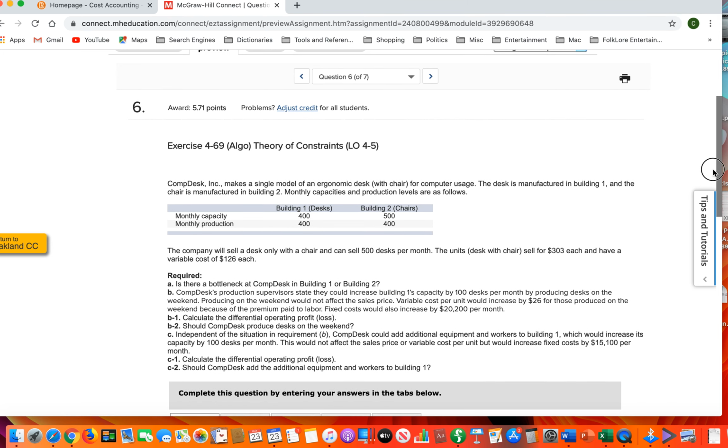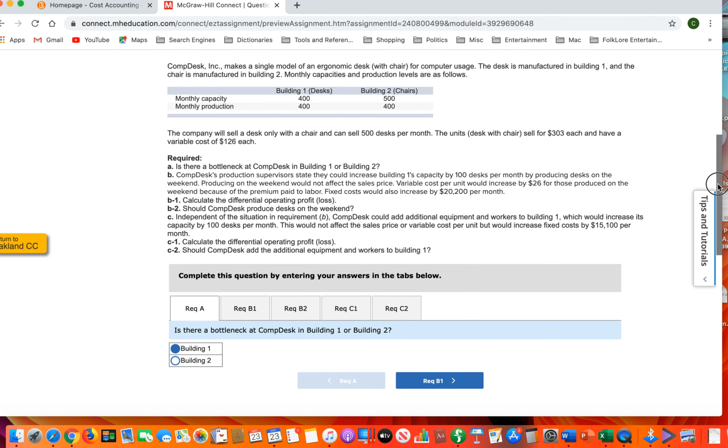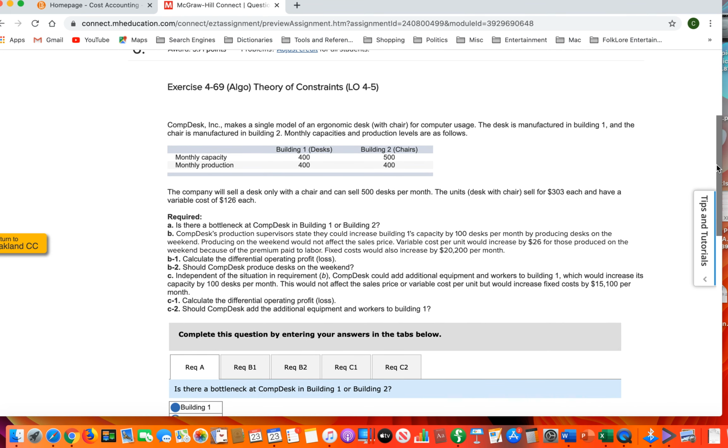Desks are manufactured in one building and chairs in the other. So, what's the bottleneck? Well, it'll be building one. And you can see the capacity for building one is simply 400. And you're not going to produce any more chairs than you will desks. So that limits even the production of chairs.